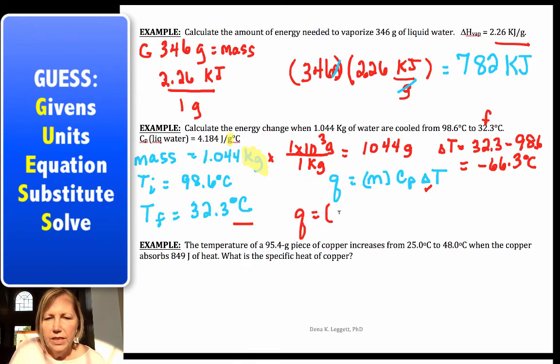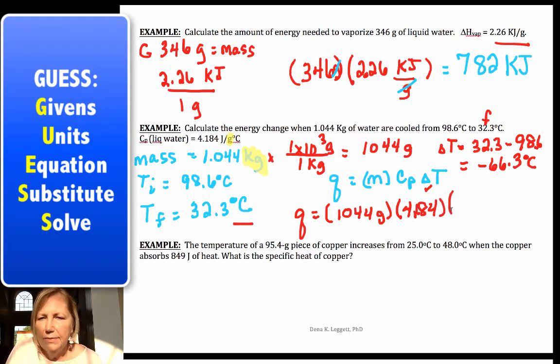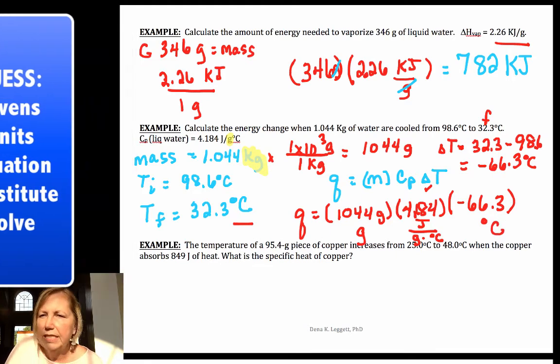So Q is 1044 grams times my heat capacity, 4.184, times my change in temperature. Degrees Celsius will cancel degrees Celsius. So this is grams, this is joules per gram degrees Celsius, and this is degrees Celsius.